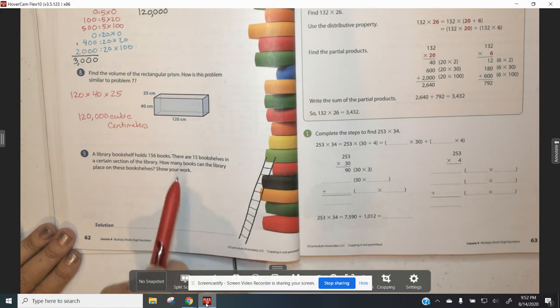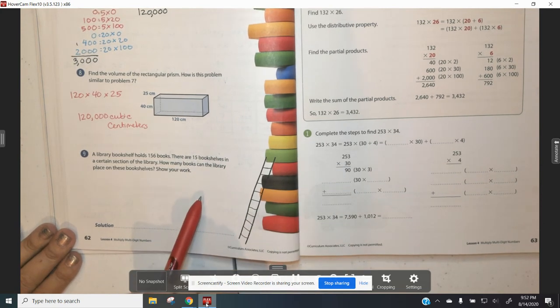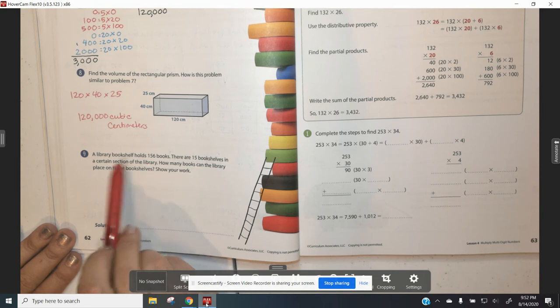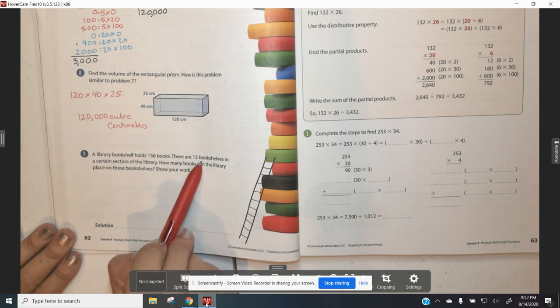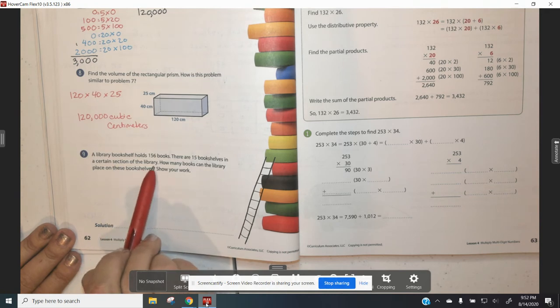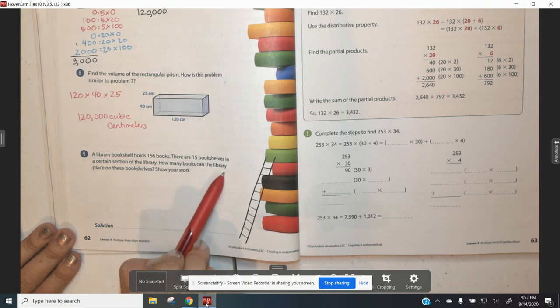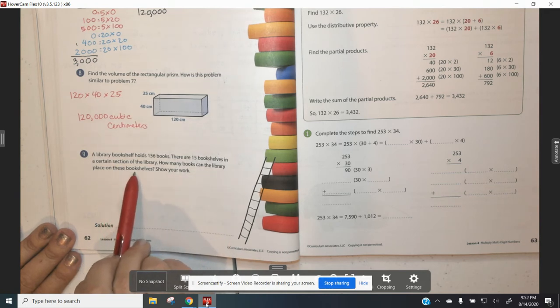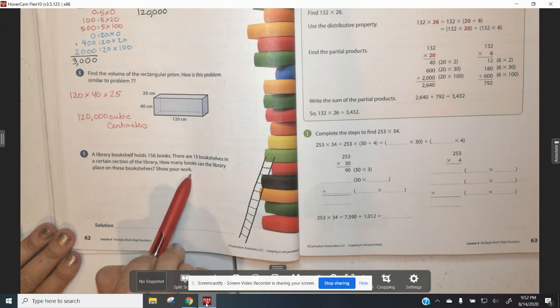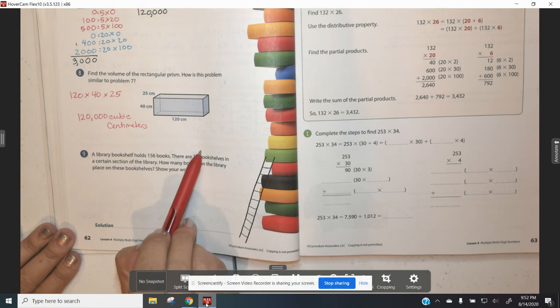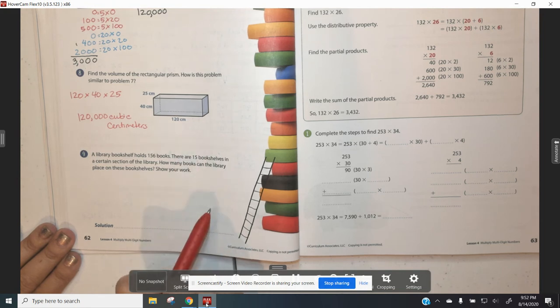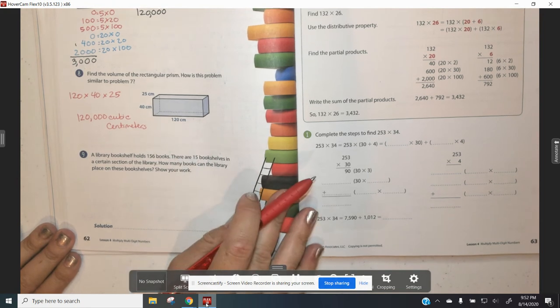All right, for number 9, this is the last problem you're going to do with me today. It says a library bookshelf holds 156 books. There are 15 bookshelves in a certain section of the library. How many books can the library place on these bookshelves? Show your work. So you're going to multiply 156 times 15. I want you to use the method that you like the most.